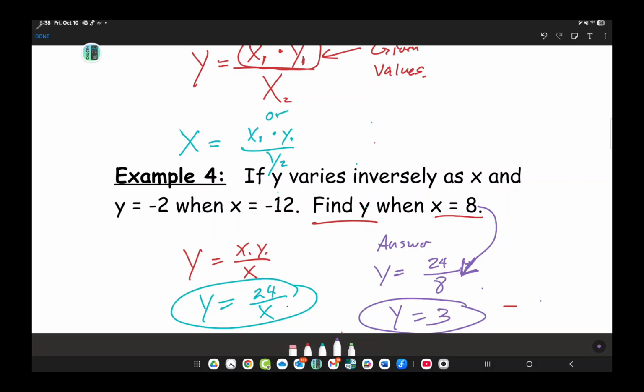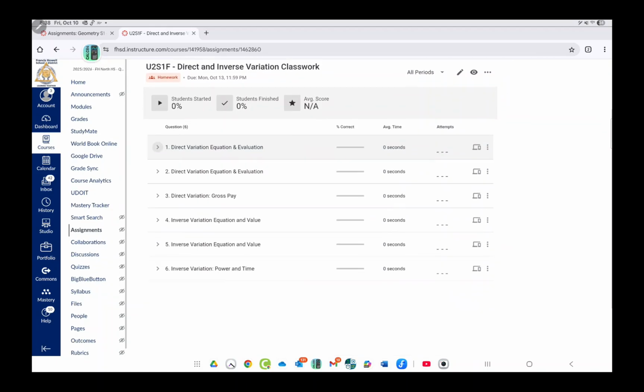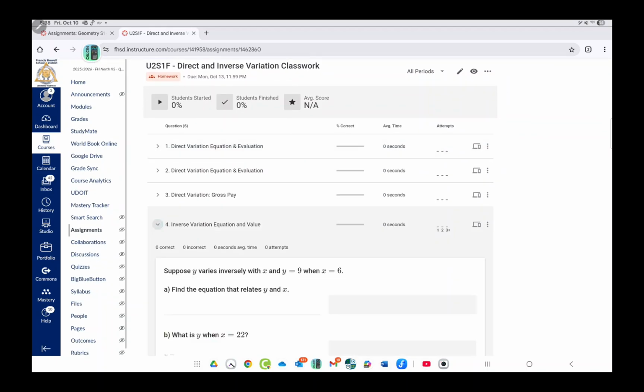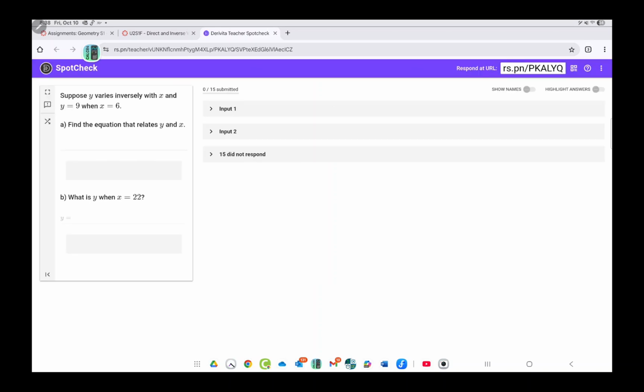Well, so let's practice this on the homework. Well, it does say varies inversely. It should be the same formula. We're finding y again. So y equals 9 times 6 over x.